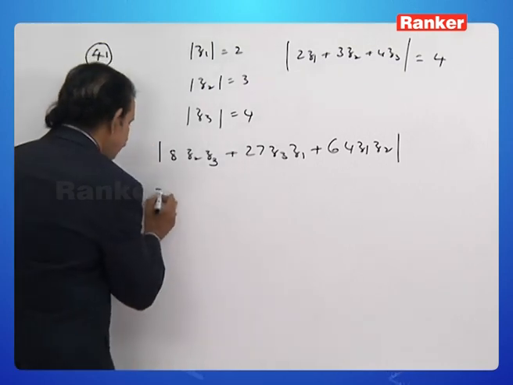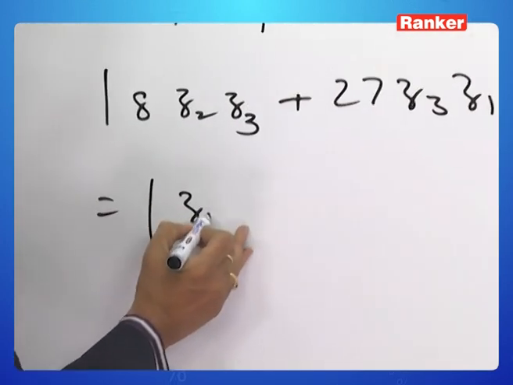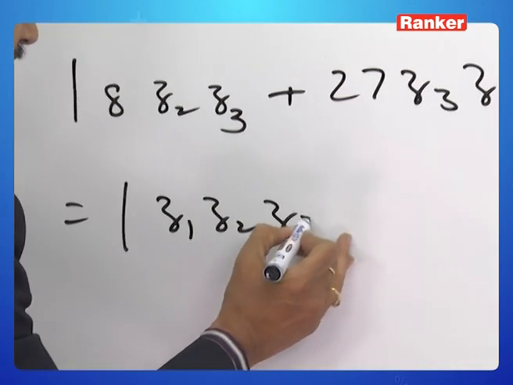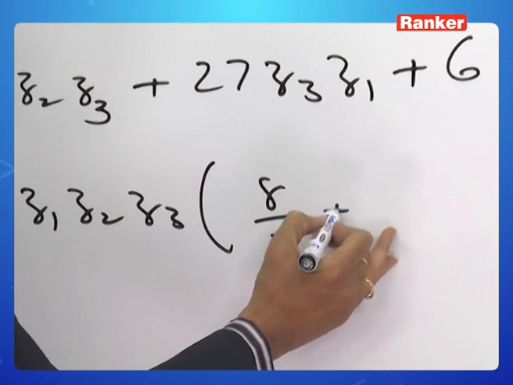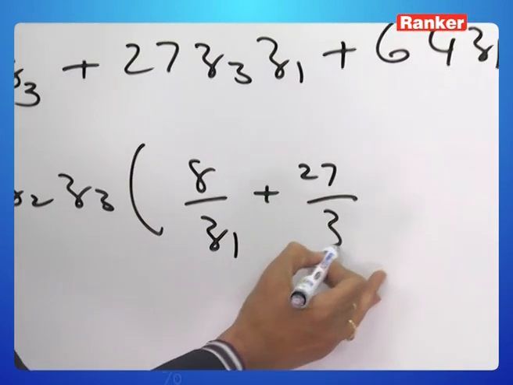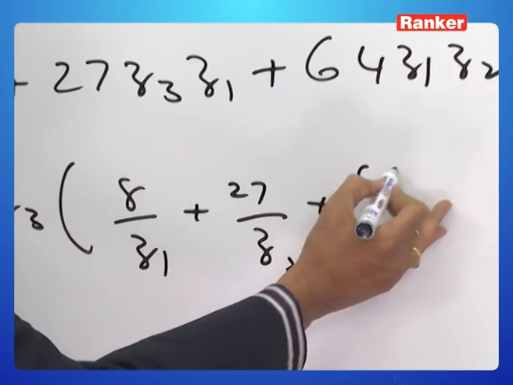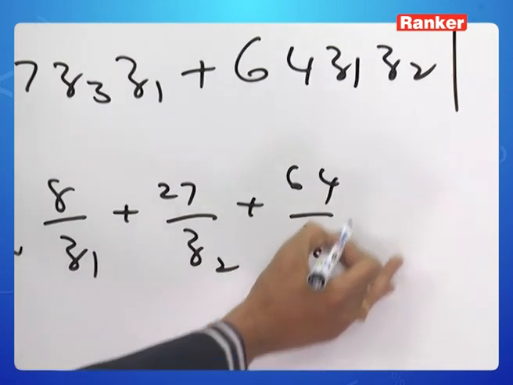Now, this can be written as Z1 Z2 Z3 into 8 by Z1 plus 27 by Z2 plus 64 by Z3, isn't it?